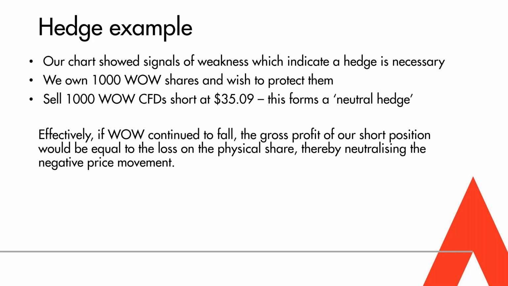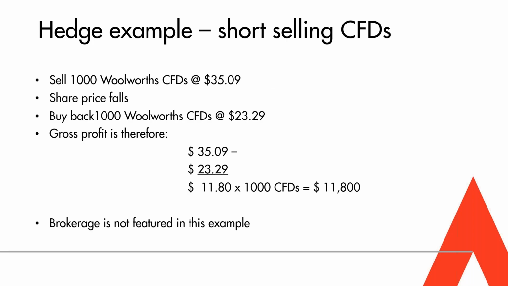Effectively, if your Woolworths shares continue to fall in value, the gross profit of our short position with the CFD would be equal to the loss of the physical share, thereby neutralizing the negative price action. So it's a way of recouping back what our stock is potentially going to lose. So in a breakdown of that example, we short sold 1,000 Woolworths CFDs at $35.09.